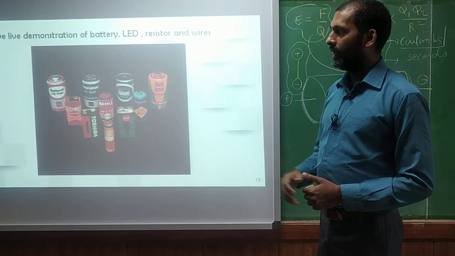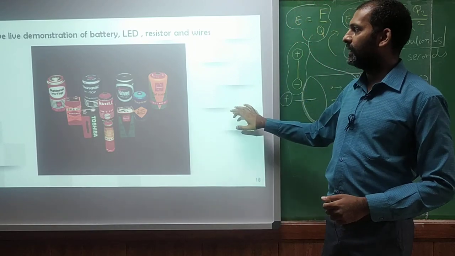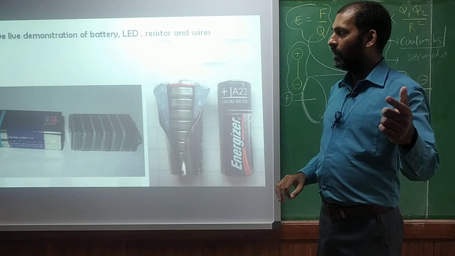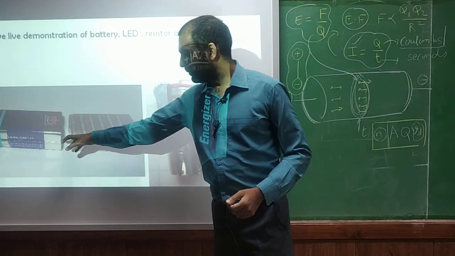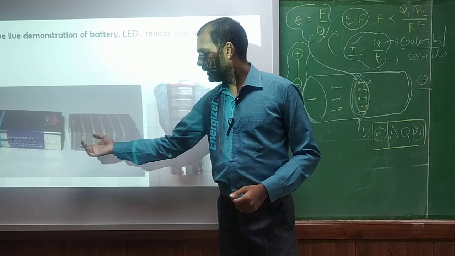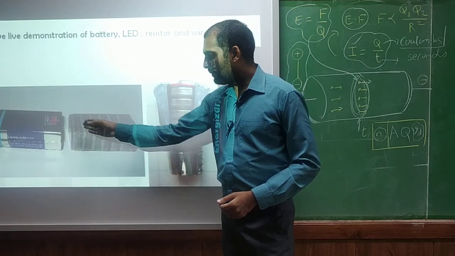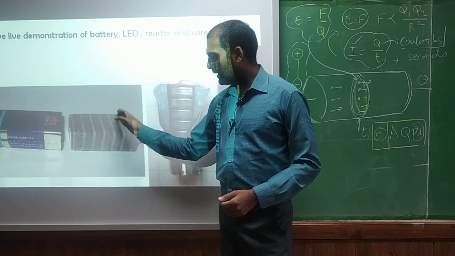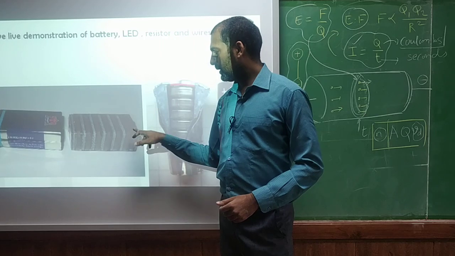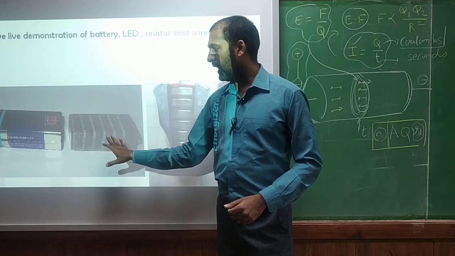Now let us have a live demonstration of batteries, LEDs, resistors and wires. Then we will move to the next part. If I show you the battery, batteries may have different voltages. If we consider 9-volt batteries and open them, there are various small batteries connected together in series, say 1.5, 1.5, 1.5, 1.5, 1.5, total 9 volt.